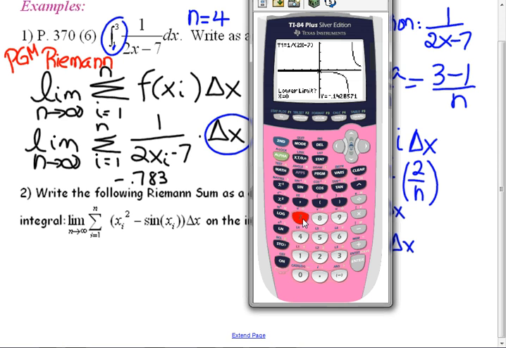It says, where do you want to start? I want to start at 1. Press enter. And I want to go to 3. Press enter. There it is. You should have gotten negative 0.8047. So that's the actual answer, and it shades it.